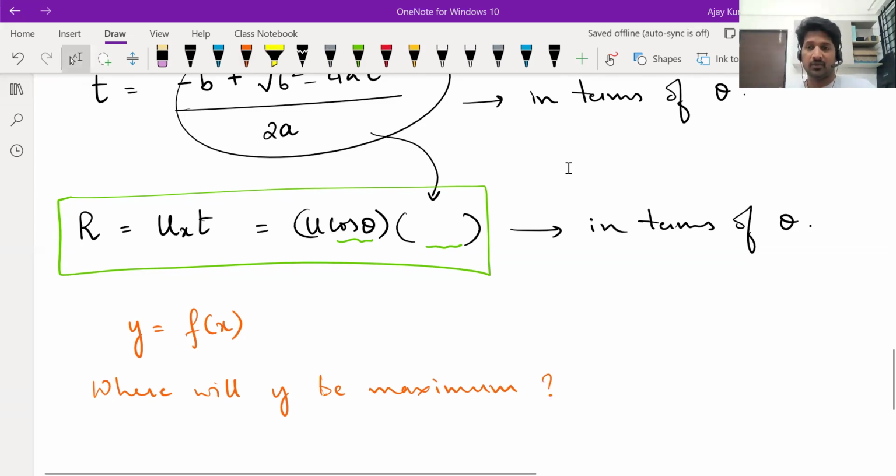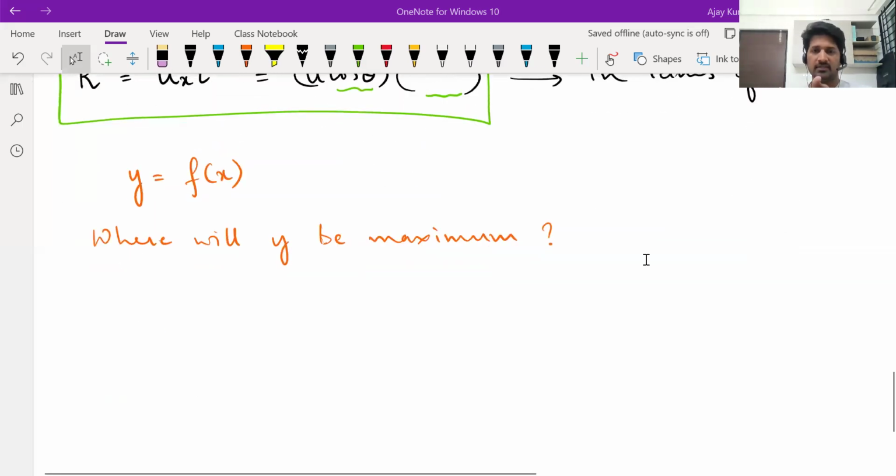What is the mathematical procedure to find out the maximum value of a function? Sir, first differentiation. Good.